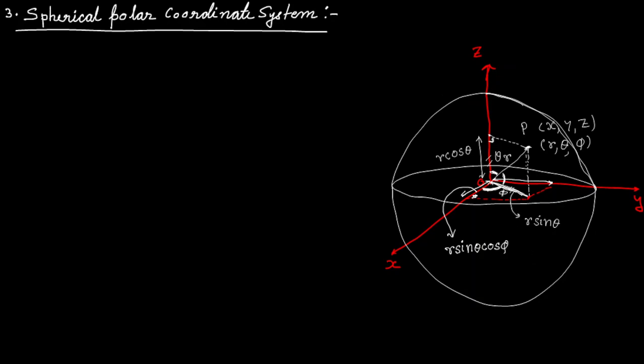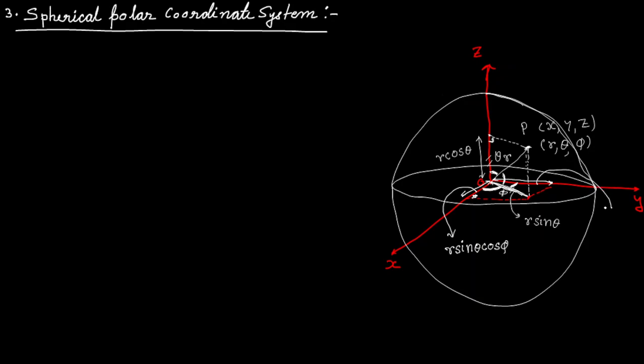Now this projection length R sin theta makes an angle phi with the positive x-axis, so the angle between this R sin theta and the positive y-axis will be 90 minus phi. So the projection length of R sin theta on the y-axis, we can write as R sin theta into cos(90 minus phi), that will be sin phi.